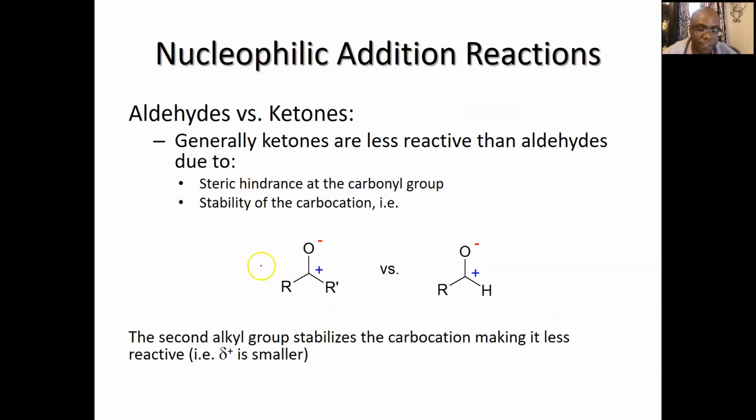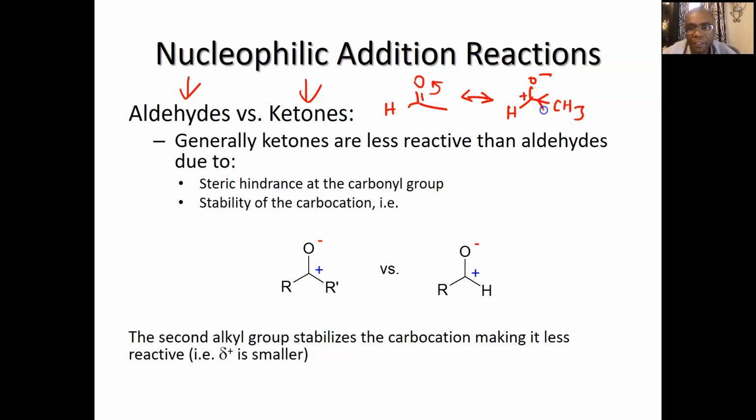Okay, so again, why are aldehydes more reactive than ketones? One should compare two things. The first thing to compare is, suppose you have resonance, then you're gonna have a plus charge on here and the CH3.